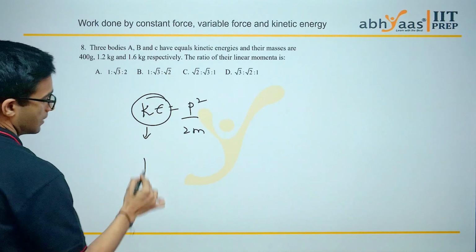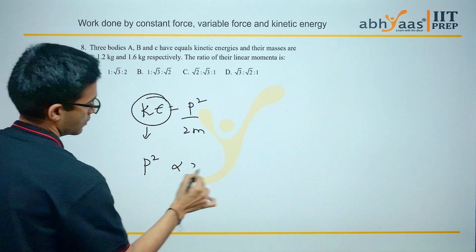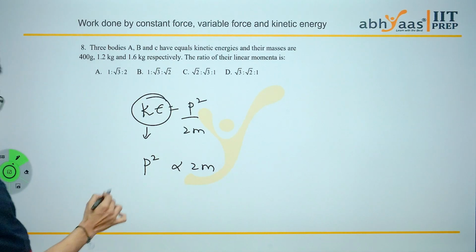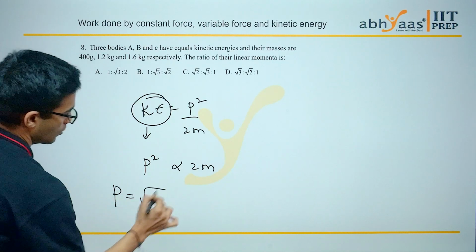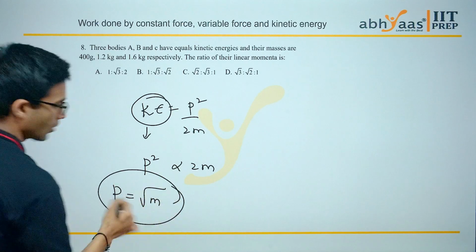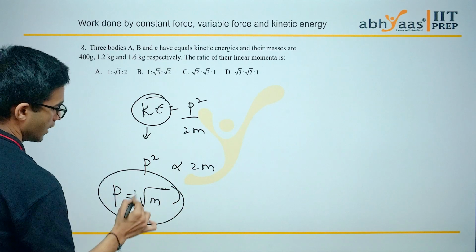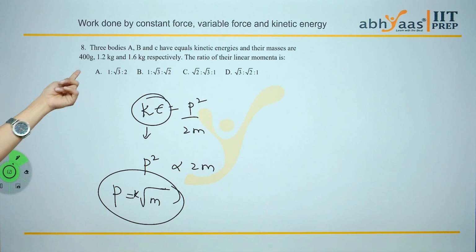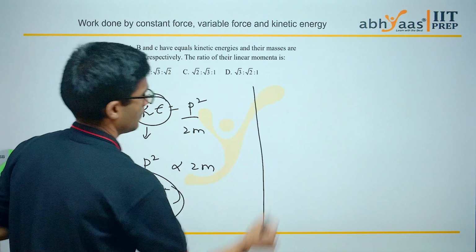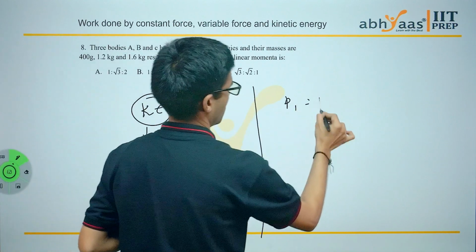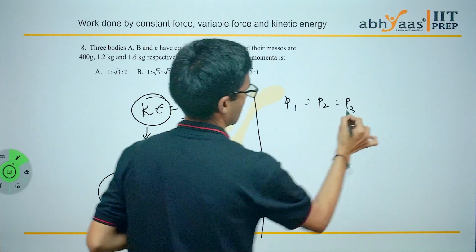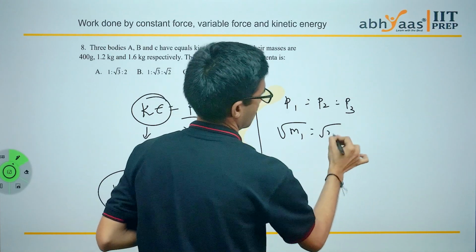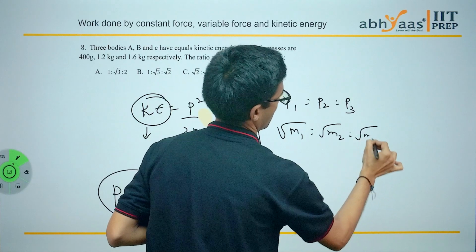Then P square is proportional to 2m, or P square is proportional to m. So P is equal to root m into a constant, that is K root m. So what happens now? If you take P1 is to P2 is to P3, it is the ratio of root m1 is to root m2 is to root m3.